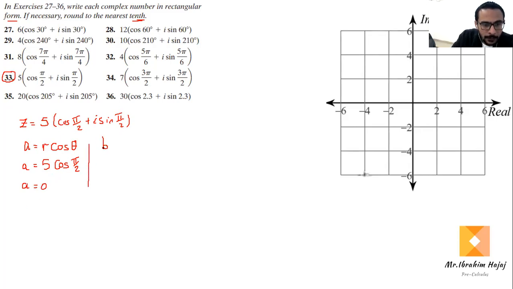Now b equals r sine theta, equal to 5 sine pi over 2, which equals 5.